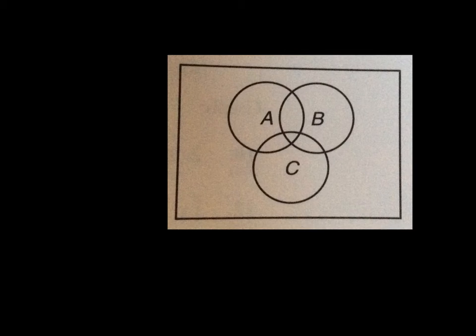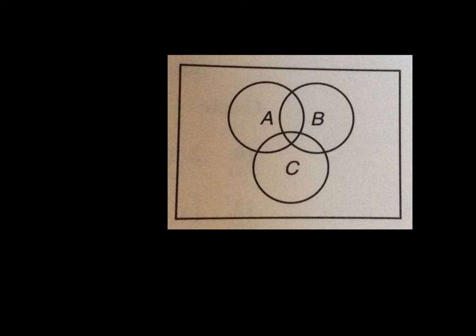All of the area inside that right there. All right, they also want to know B union C, then that includes everything in B and everything in C. Okay, so let's get rid of all that stuff.